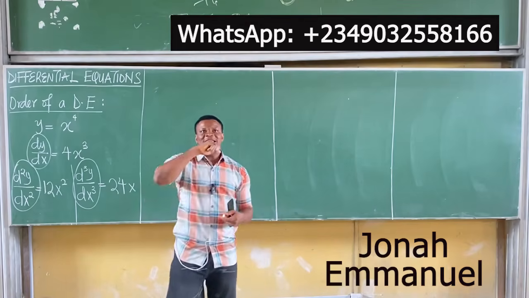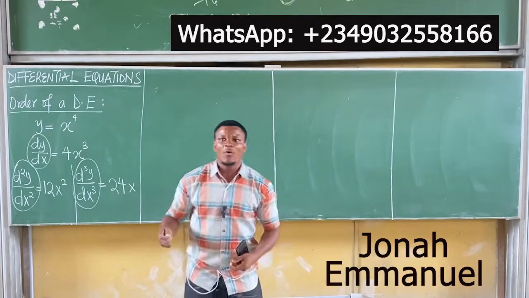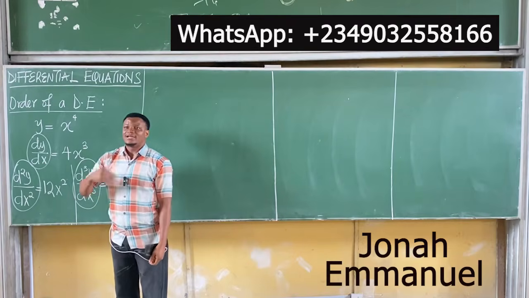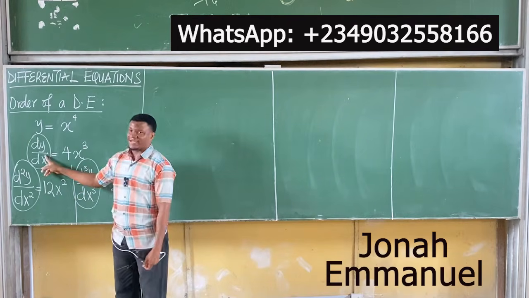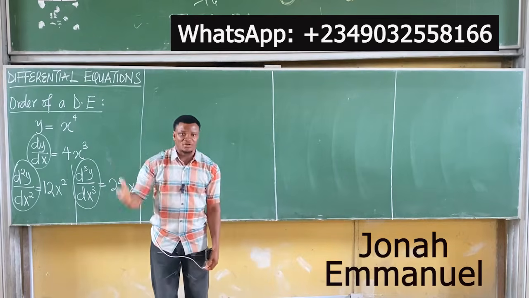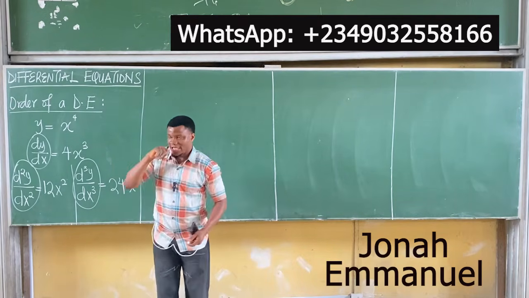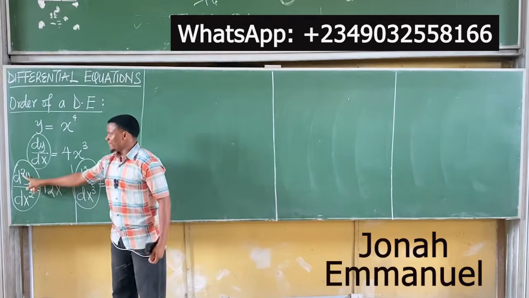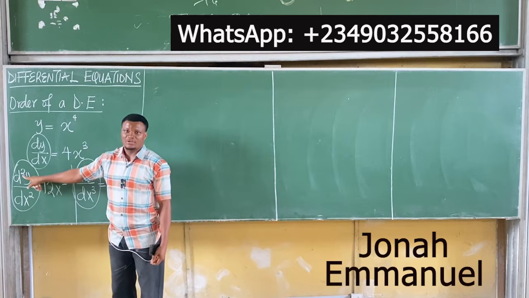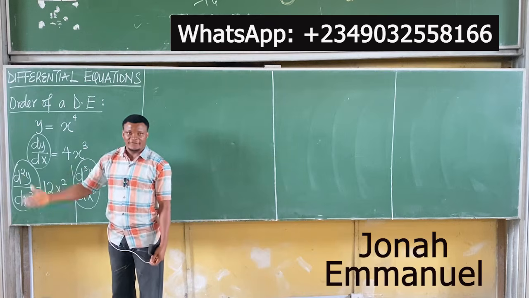So in essence, if I'm given a differential equation where the highest differential coefficient is dy/dx, it is called a first order differential equation. Just that simple. If I have d²y/dx², because this is now 2, it becomes a second order differential equation.